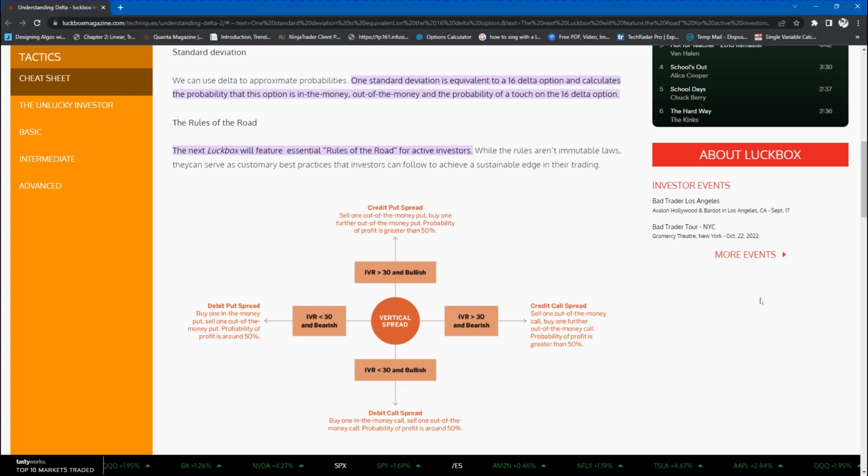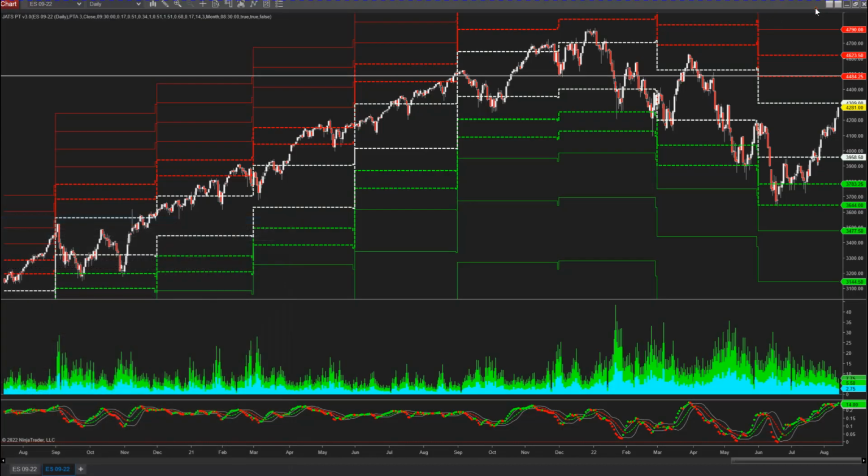But they're selling puts and calls to collect premium, and their goal is to have price stay inside that area. They're bounding deviation levels of implied volatility, the first standard deviation or the second or the third, using deltas as a rule of thumb. So they believe the 16 delta equates to the probability of in the money, out of the money for that standard deviation, and then they'll put the appropriate vertical spread on to suit their needs.